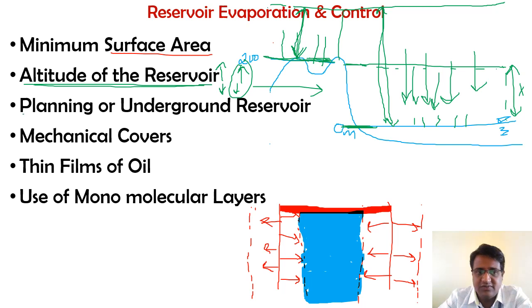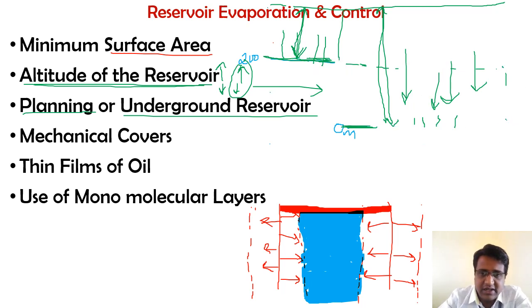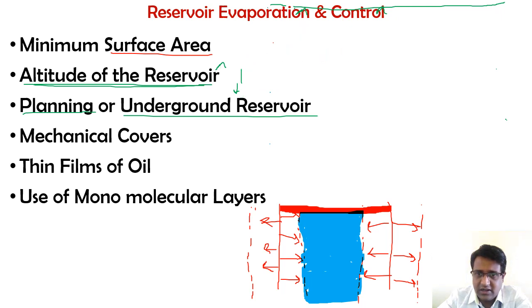Similarly, the third one is planning underground reservoirs. If the budget is permitting, then instead of exposing this entire surface of water to the atmosphere, we can have some underground tanks where your water surface will never be exposed to the sunlight. At that point of time you can save a lot of evaporation that is going to take place.